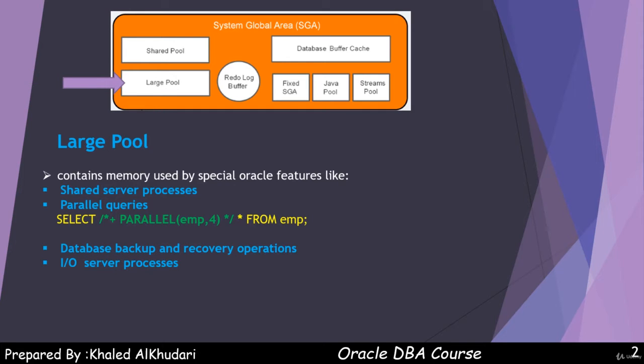If you can see this example, I make a select with parallel 4 from EMP. Actually, we call this an optimizing hint. So here, Oracle will open 4 processes in order to execute this select statement. So the large pool will help in this.